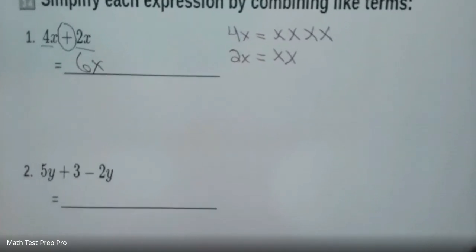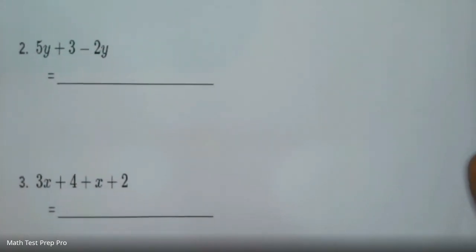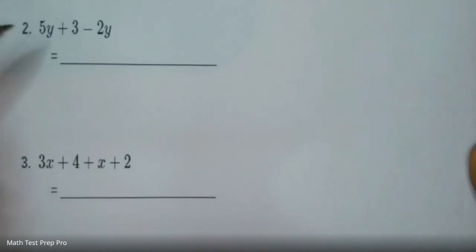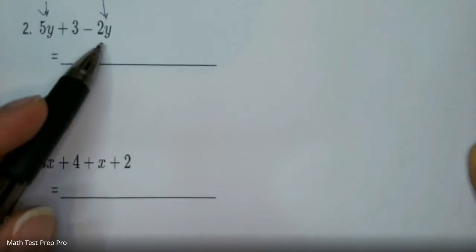All right, next one. This one's a little bit more complicated. So 5y plus 3 minus 2y, all right? Now here, just looking at the variables, you have 5 y's and you're going to take away 2 y's.